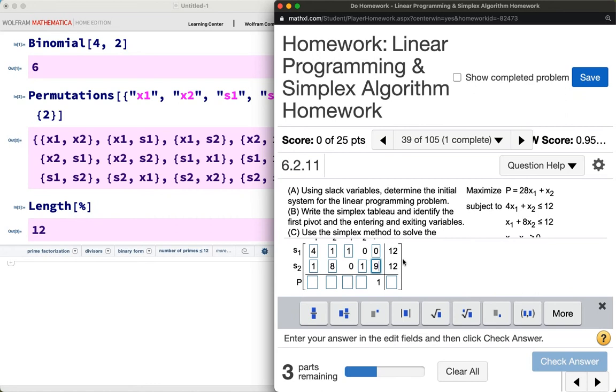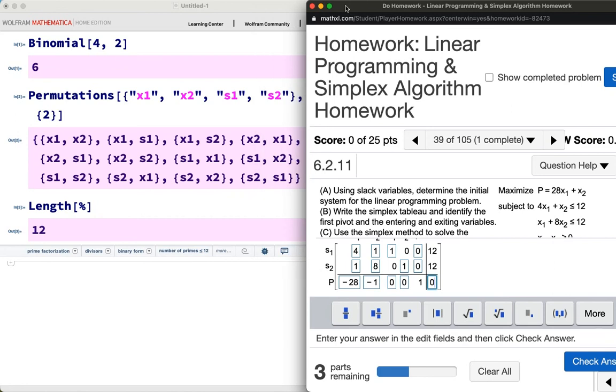That should be a 0, not a 9. This is just the identity matrix. And then here we're going to have negative 28x1, and then negative 1x2, and this is 0, 0, 1, and then of course we have 0. Okay, so let's build this in Mathematica.